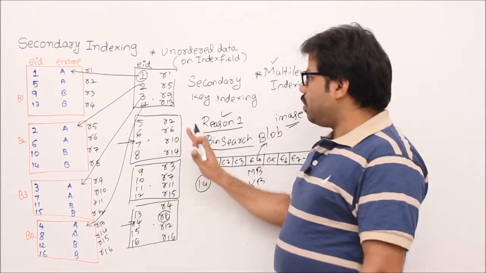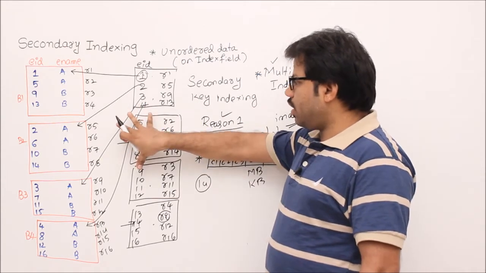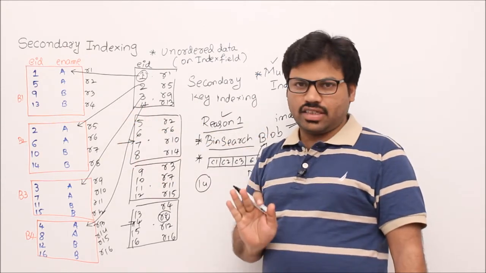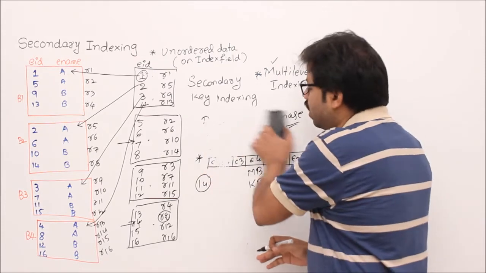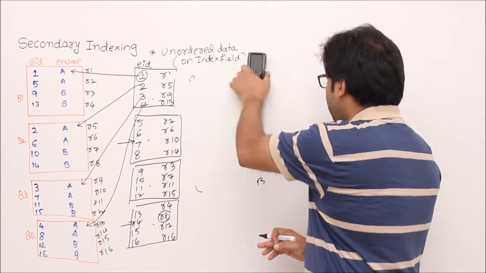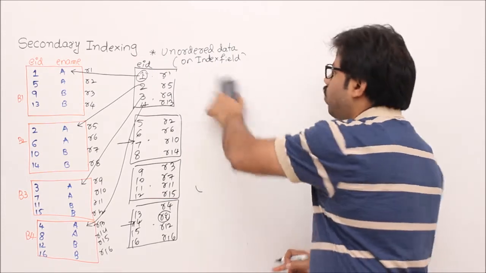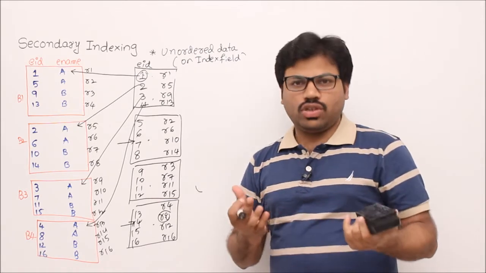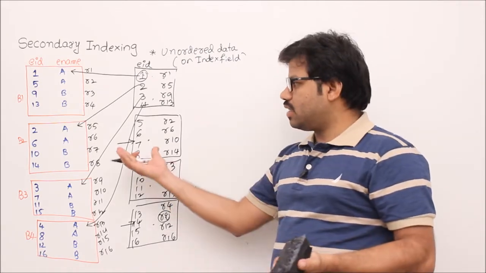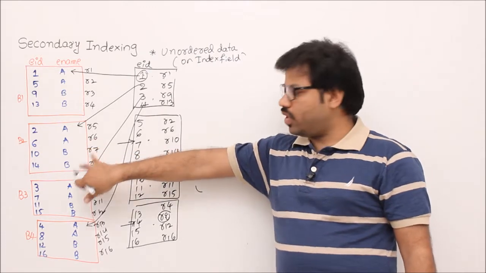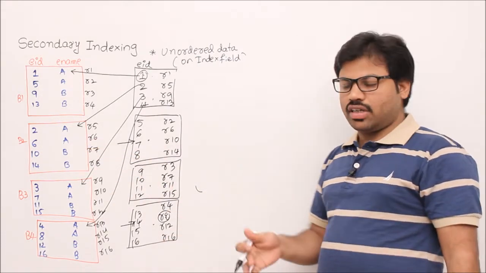Now especially let me focus on this particular index, that is secondary key indexing. Don't worry about multi-level indexing, we will see it later. I would like to ask some questions: what are the things users usually do? For example, someone creates a table, let's say this kind of thing. What are the things he will do on the table?